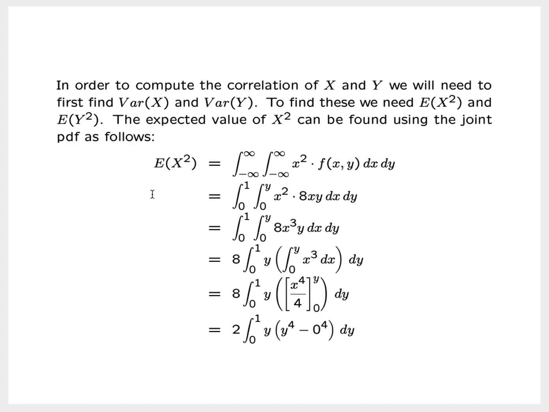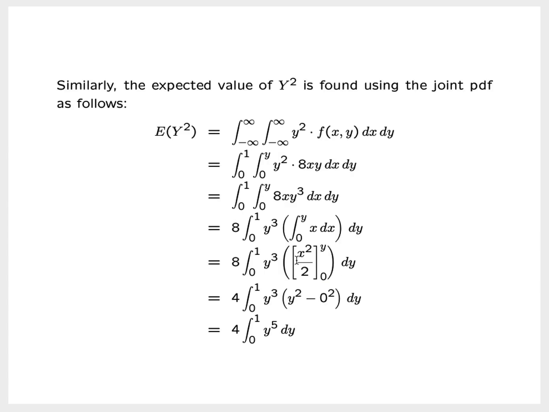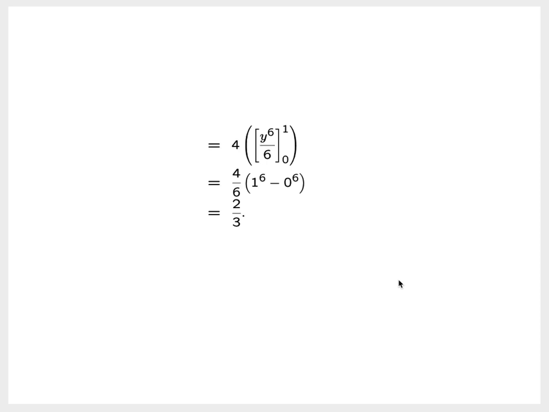Once we have both the first and second raw moments of x, we can use those to find the variance of x. I'll let you pause the video and work through this calculation. We'll find that the expected value of x squared is 1/3. The expected value of y squared is 2/3.